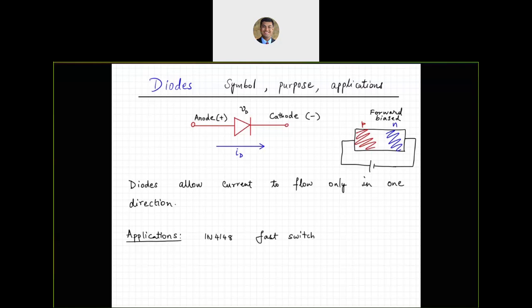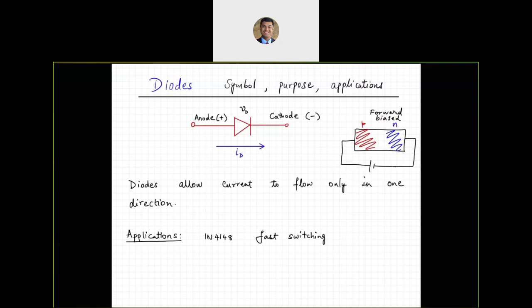What does that mean? That means that I can switch from this forward biased to the reverse biased region very, very quickly by changing the voltage that is connected to those regions. So fast switching can be one of its applications.